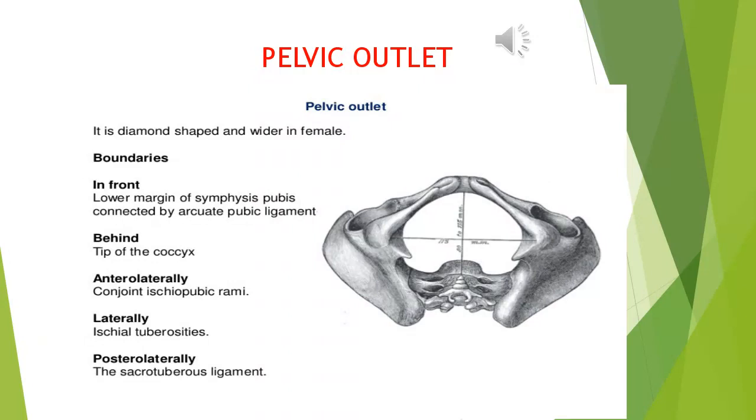So that is the pubic arch or the subpubic angle. It is formed by the ischiopubic rami of two sides and by the lower margin of the pubic symphysis. That is of significance while you study the sexual dimorphism between the male and female pelvis. So that is the pelvic outlet.